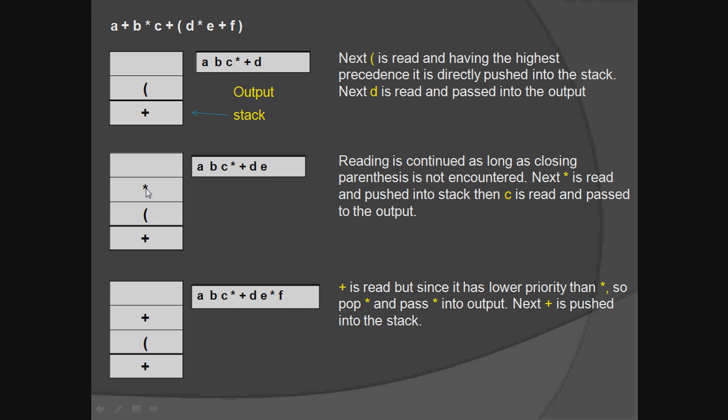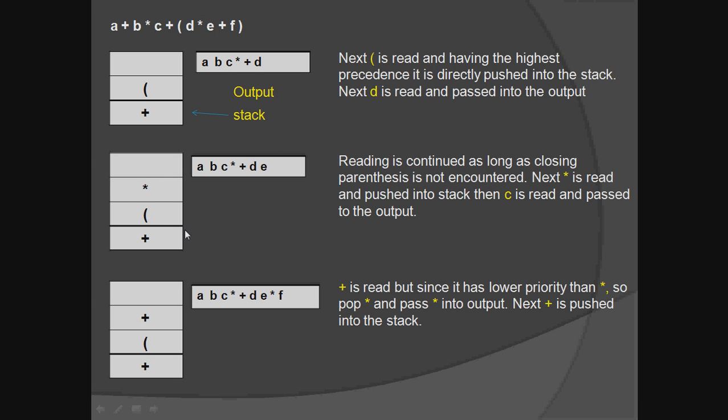So even if a lower priority operator enters the stack, it will accept it, that means it will not create an error. Normally if there is an asterisk here and you are entering a plus symbol, that will not be acceptable because the star symbol has higher precedence over the plus symbol, right? But in the case of the parenthesis, it waits for the closing parenthesis. Only after that will it start popping from the stack.